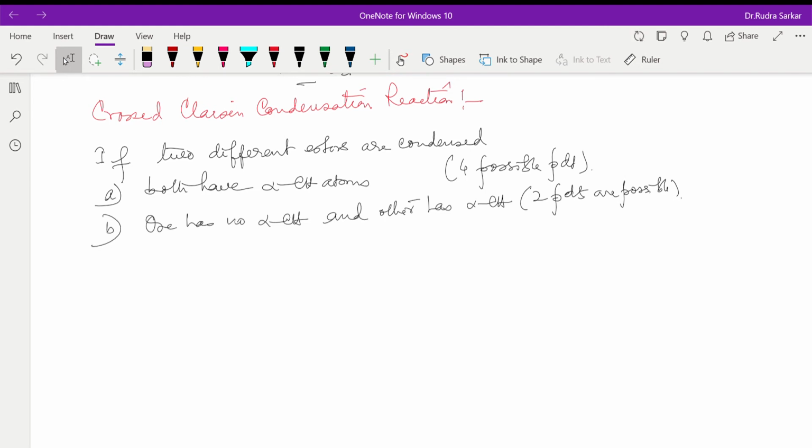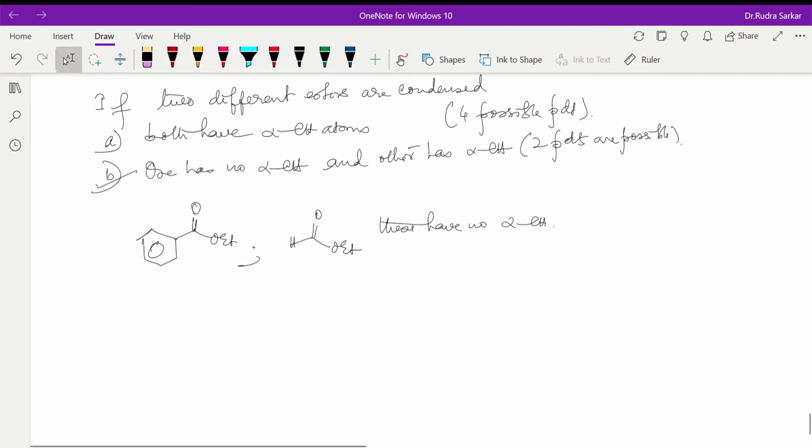I'm discussing case number B; A we don't need to do. Suppose I have taken molecules such as these which have no alpha CH, so they cannot form carbanions, and nucleophiles cannot be formed from here.